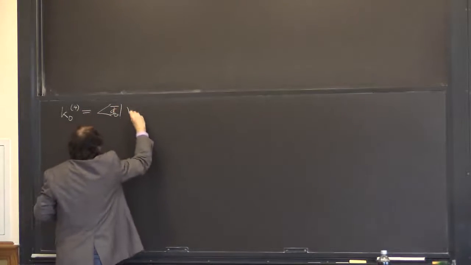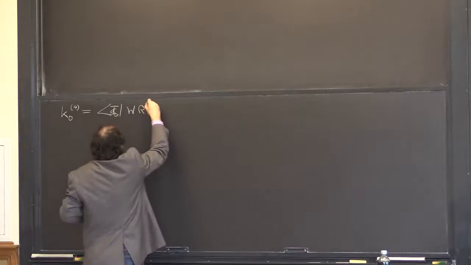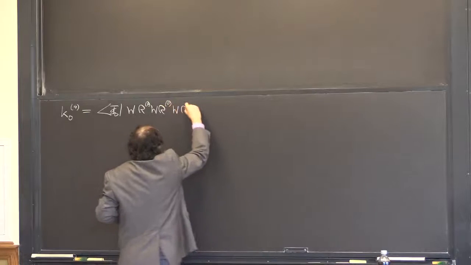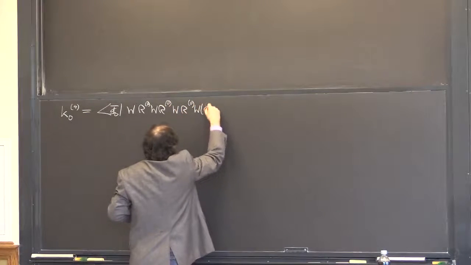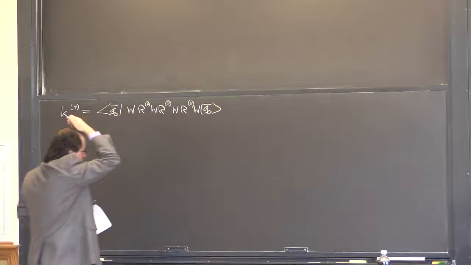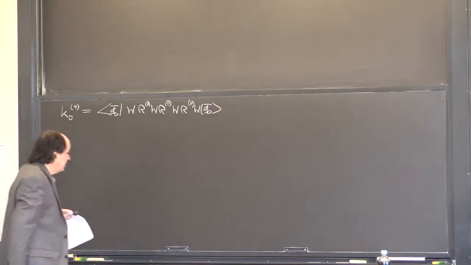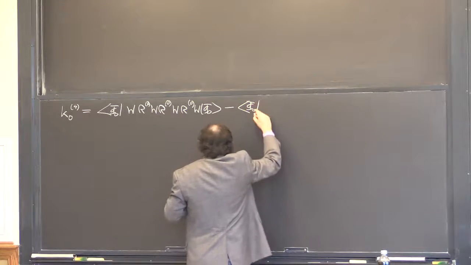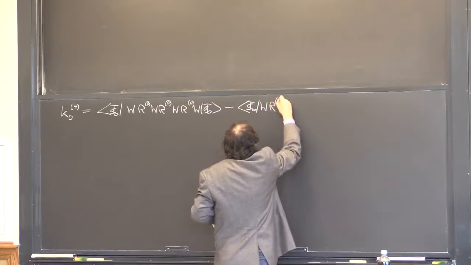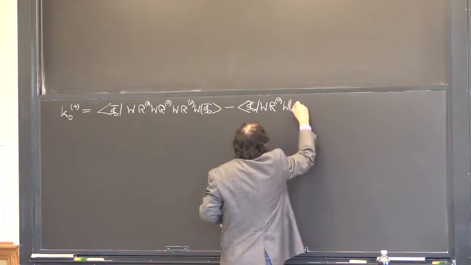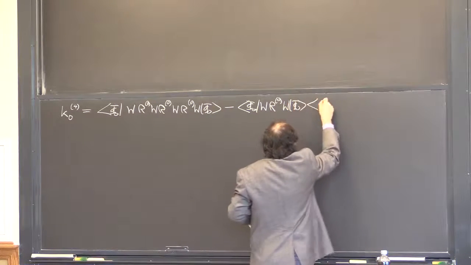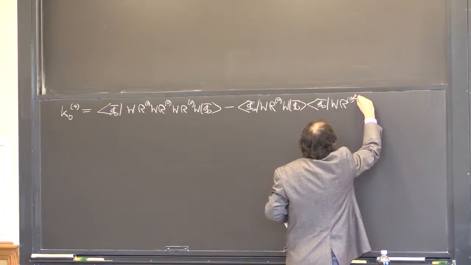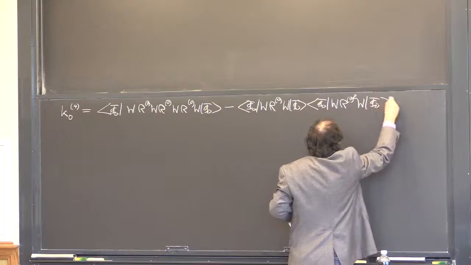So we have a principal term that has the structure of W R0 W R0 W R0 W, where W is our perturbation, R0 is the reduced resolvent, and then we have the renormalization term, which is Phi0, W R0 W, multiplying Phi0, W, R0 square of the resolvent, W, Phi0.